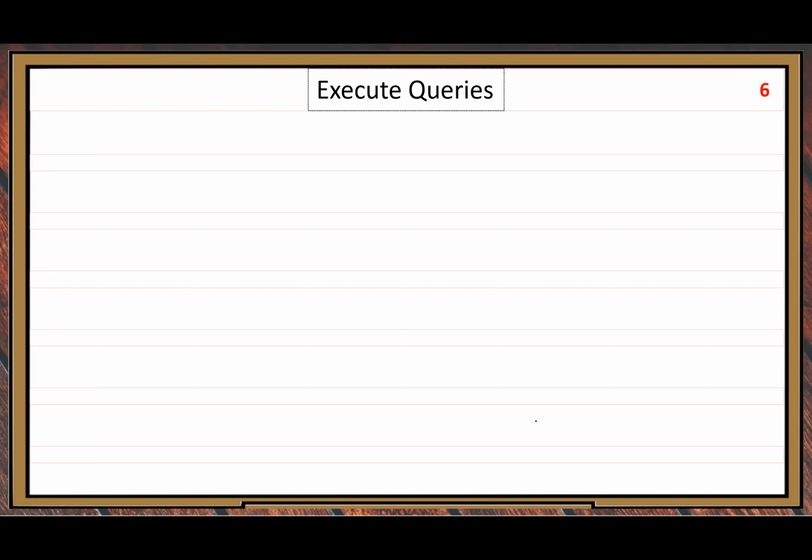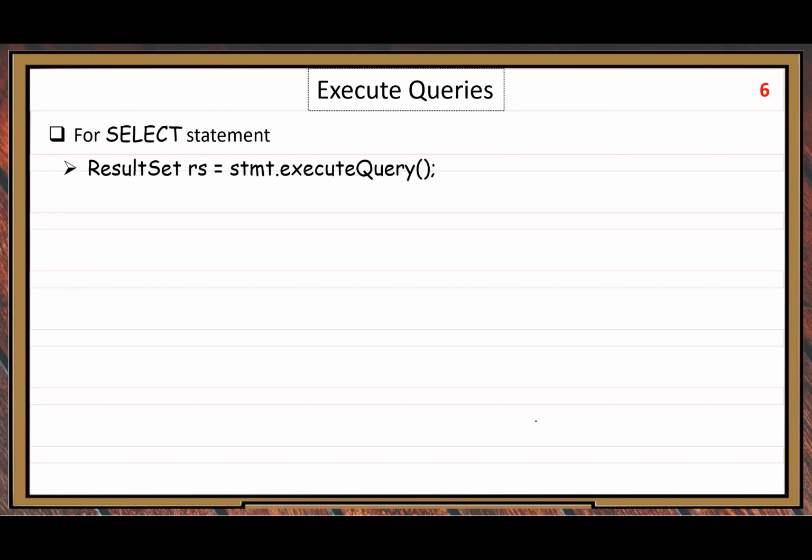All right. Look at how we do the query execution part. So remember, basically we consider 4 types of queries. First type, select.